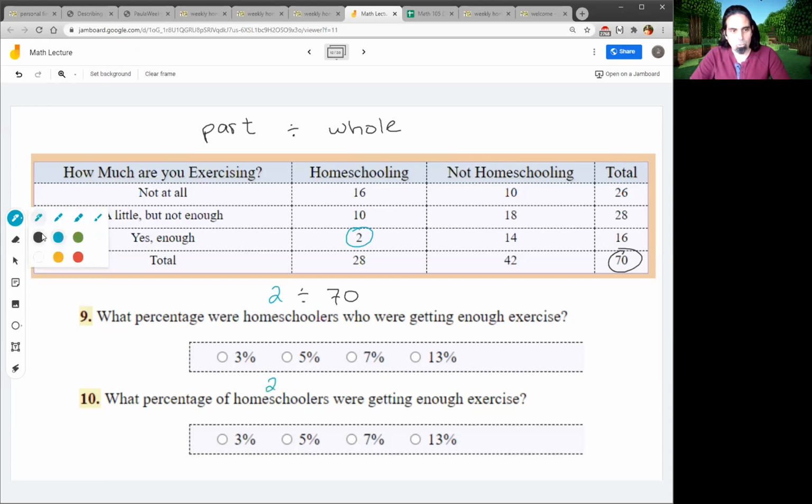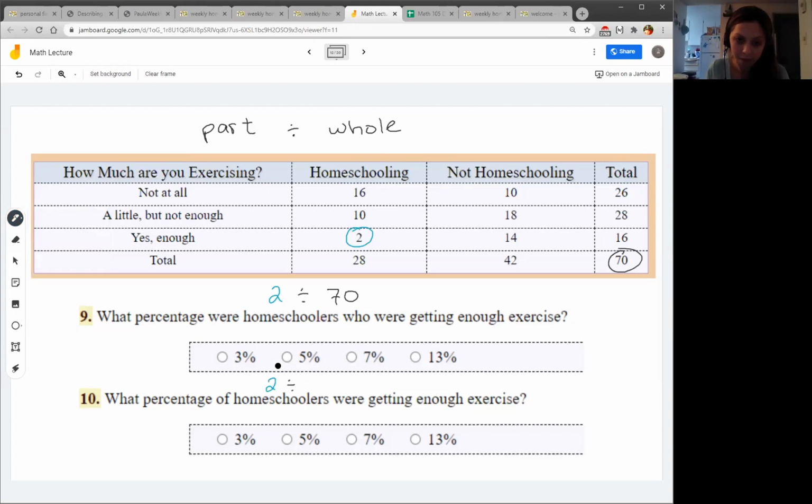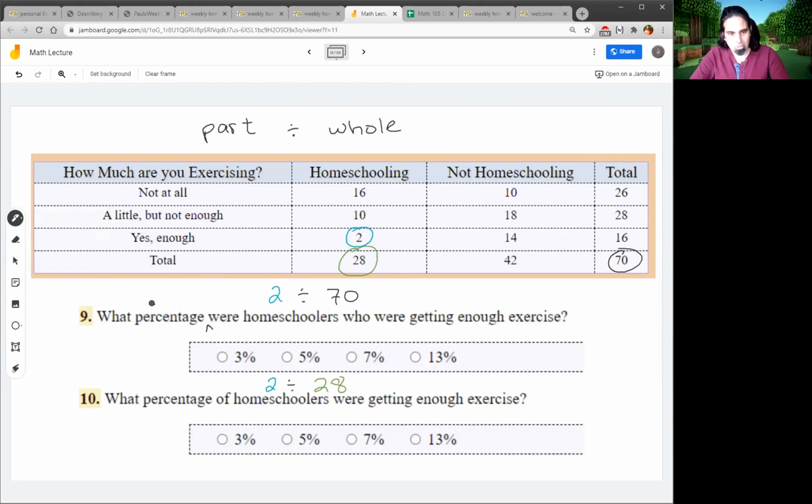Then it's still 2, out of 28. We're only talking about out of the homeschoolers. So it's going to be 2 divided by 28. Okay, I see, that clears it up. Again, if it doesn't tell you what the total is, then the implication is the total surveyed.